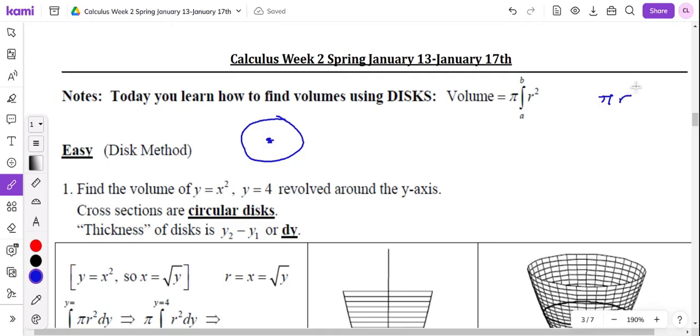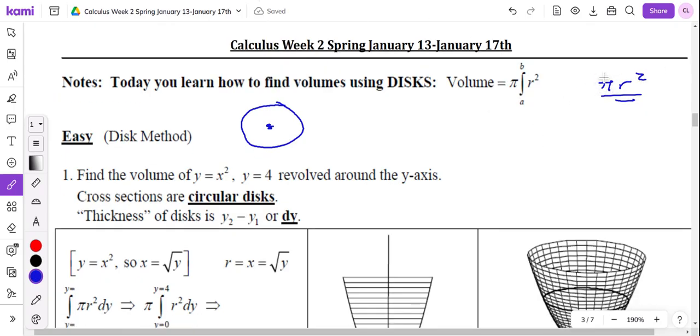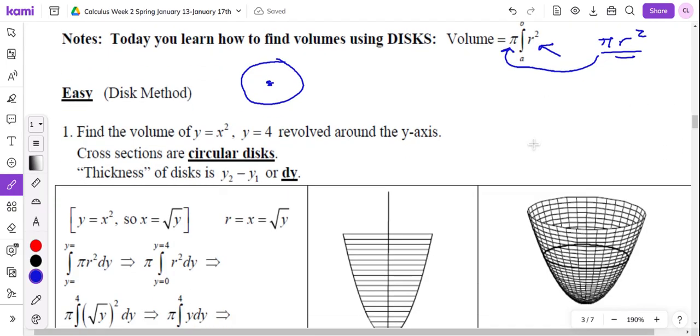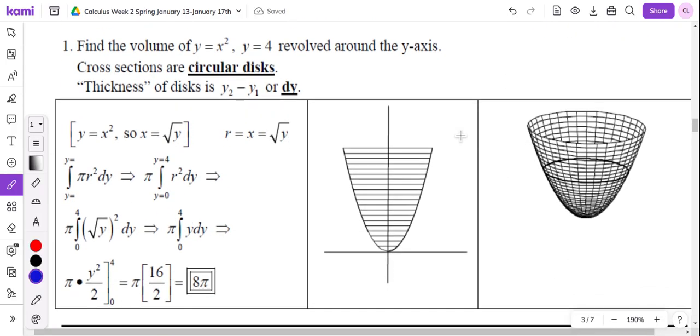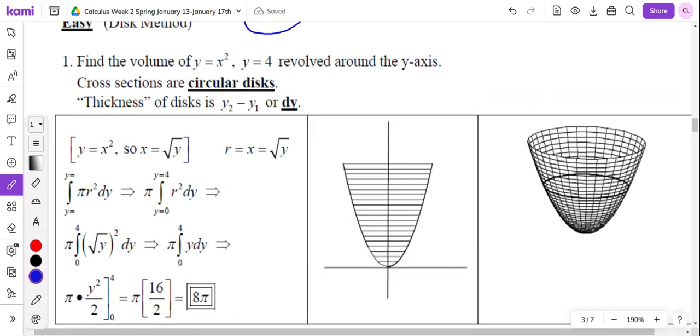Since pi is a constant, we just move the pi out front, and we're doing r squared for the radius. So that's the formula you need for today. All we have to do is figure out what r is, and then we can integrate from there. So, told you there's much better drawings.